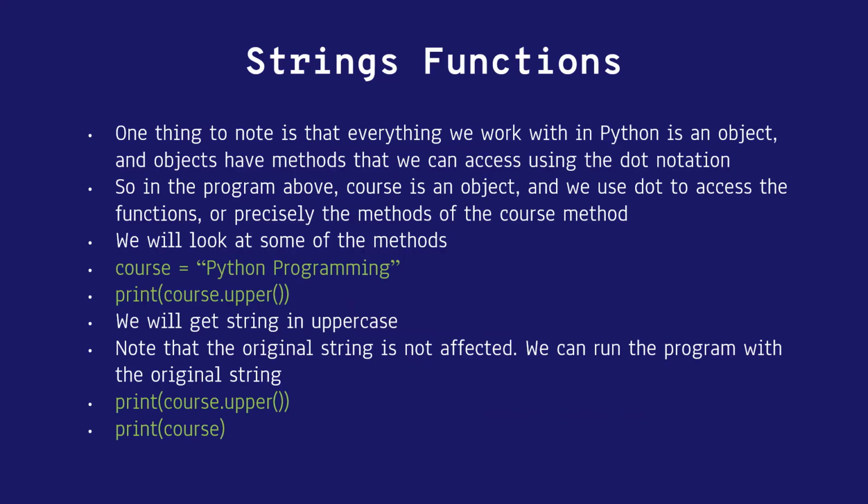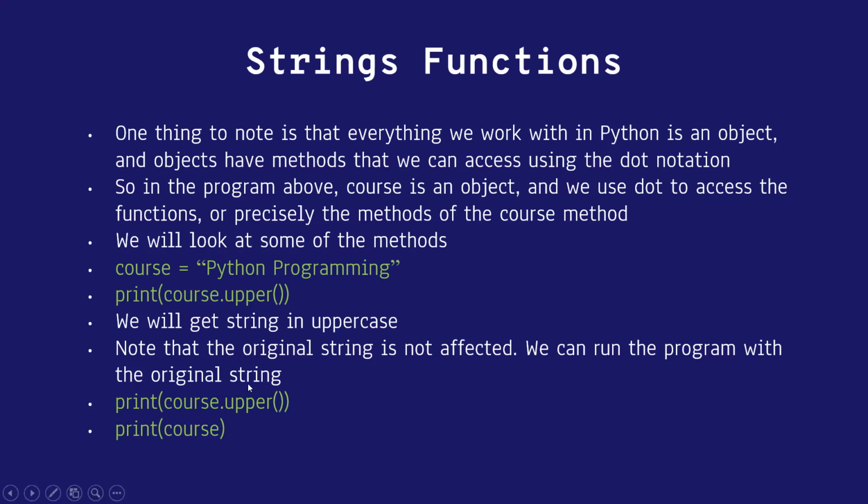We will look at some of the methods. Like print course.upper, that means convert to uppercase. We'll get a string in uppercase. Note that the original string is not affected. We can run the program with the original string, like print course.upper, print course.